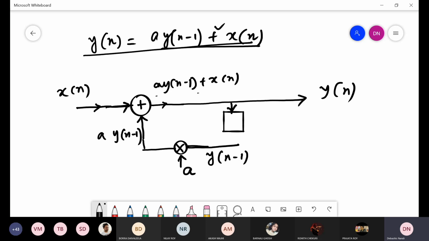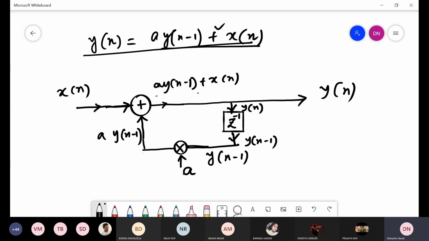Here you see yn is coming at the input of the delay unit, and if it is z to the power minus 1, then the output of this block will be yn minus 1. So this is the delay unit. Input is yn and output is yn minus 1, one sample delay, and this is multiplied with a, and it is added with xn.